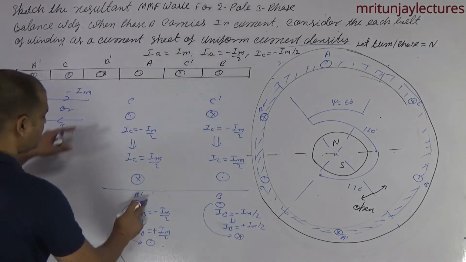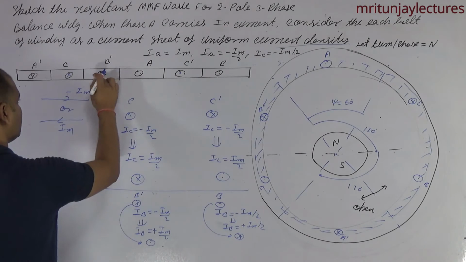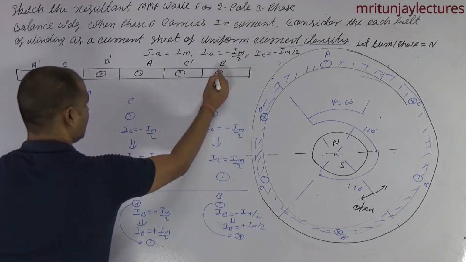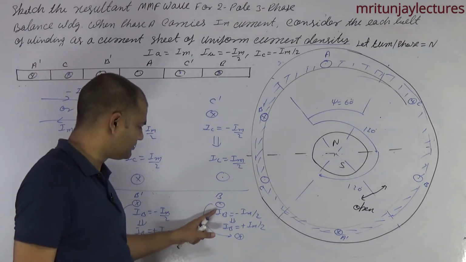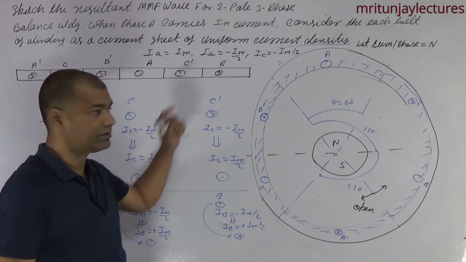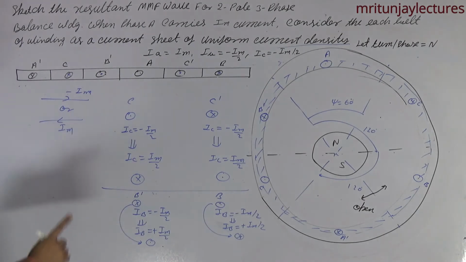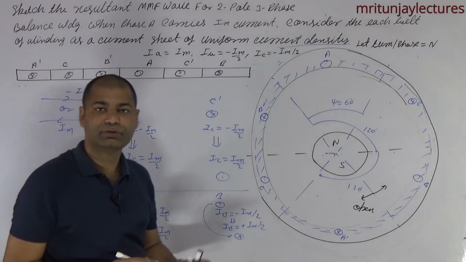So B dash polarity is converted from dot to cross.